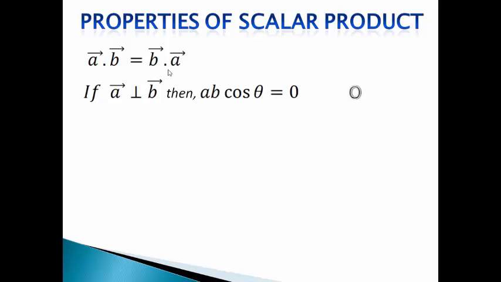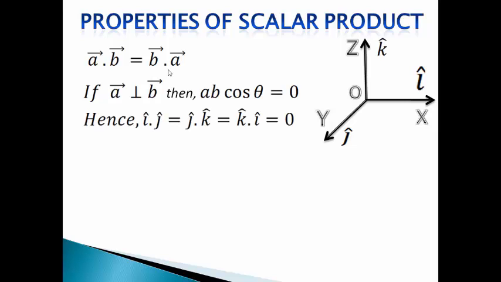Now the unit vectors along x, y and z axis are i cap, j cap and k cap. Hence i dot j will be equals to j dot k will be equals to k dot i, and that will be equals to 0, since all these unit vectors along x, y and z axis are mutually perpendicular to each other.